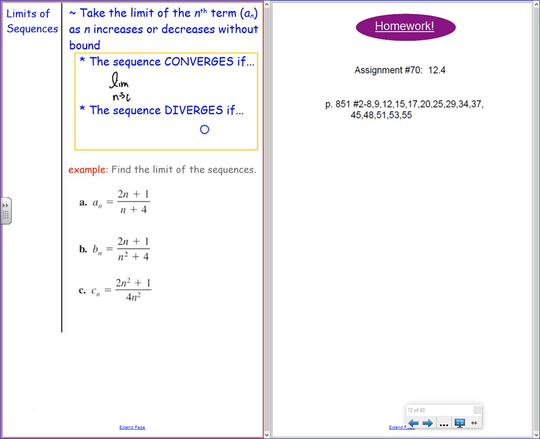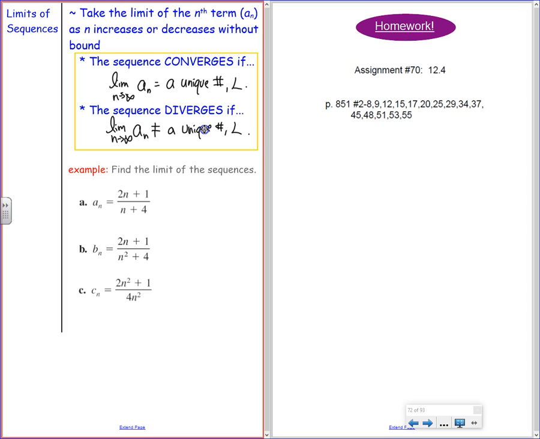The limit as n goes to infinity of a sub n is a unique number. It can technically be, the sequence will converge as long as the limit as n goes to infinity of a sub n is any unique number. It could be 0, could be 1, could be 4.